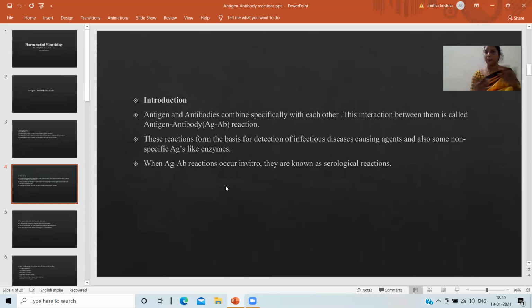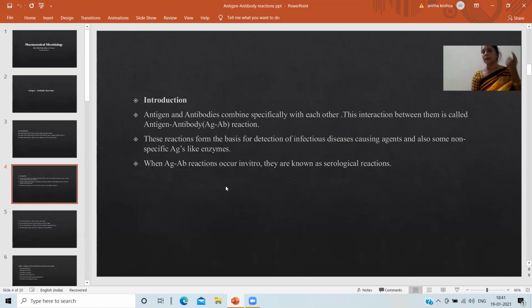When we learned about the structures of antigen and antibody, I clearly told you that the antigen has a specific chemical portion to which the antibody binds, and that portion is called the epitope. The antigen associates with antibodies at the epitope, which is nothing but the antigen determinant site, present on the antigen, and this site will be bound by the complementary region present on the antibody.